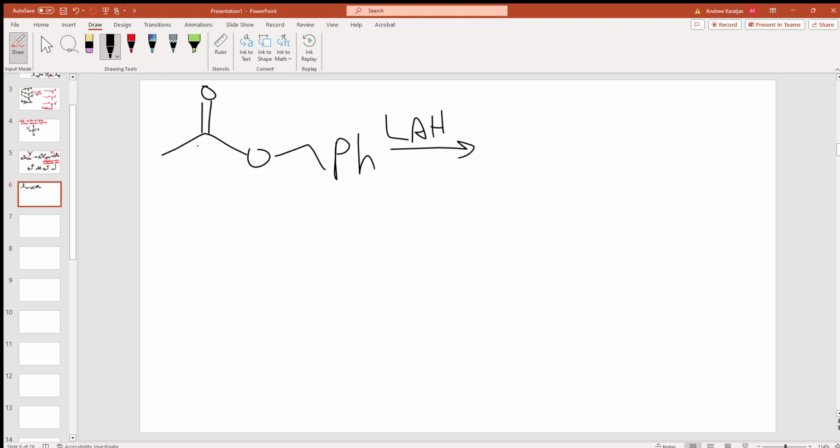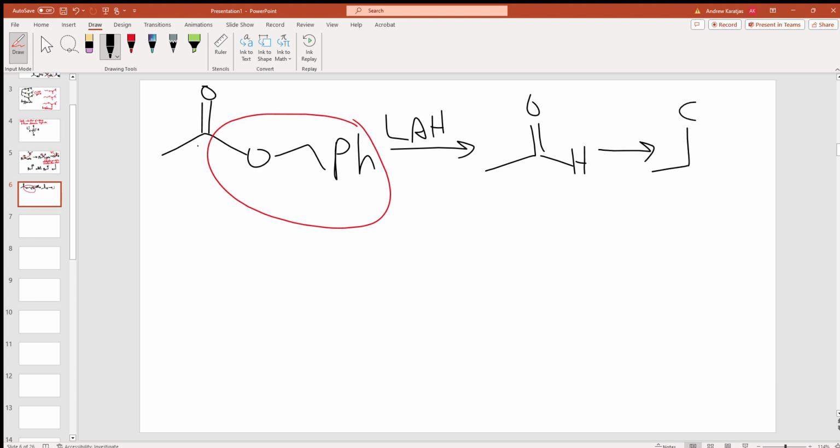Again, the first step is going to result in loss of your ester group, forming an aldehyde, and then it gets reduced a second time to form the alcohol.